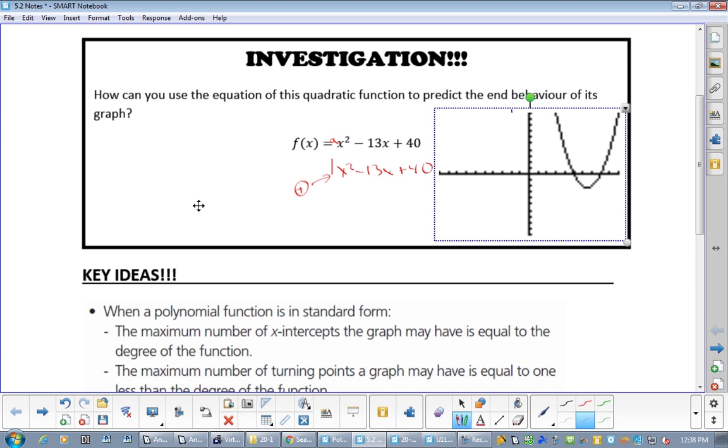Can it start in 1 and end in 1? No, it can't. But this one kind of looks like that. But where do you think, if you kept going with this one, where do you think it would actually have started? It would start in 2. Okay? So this one is going to start in 2 and end in 1. That's called actually the end behavior.